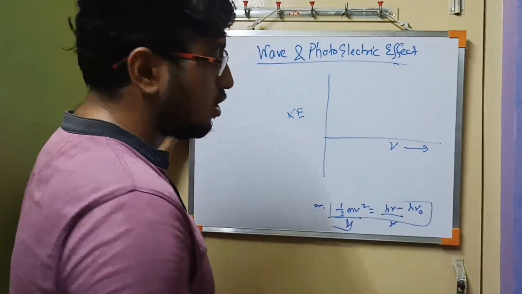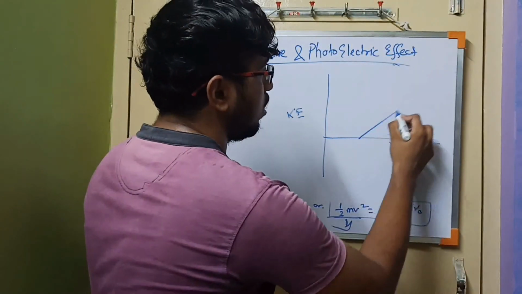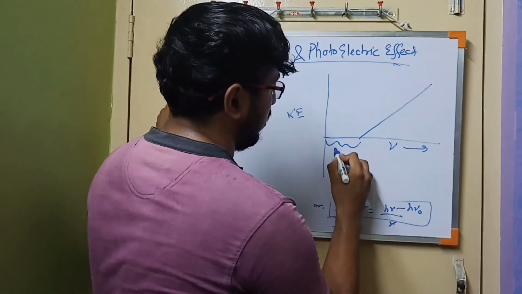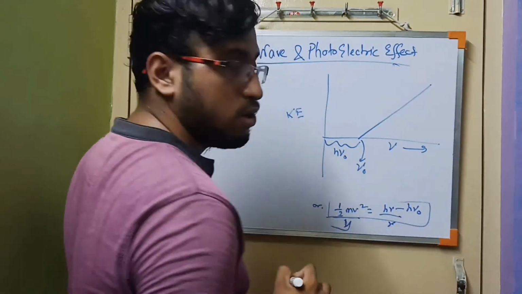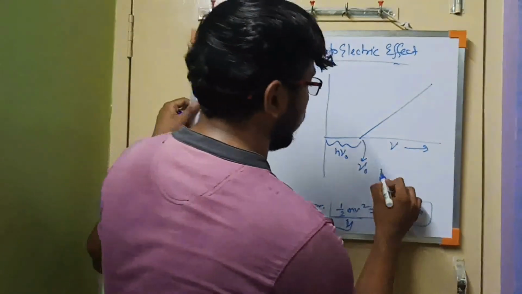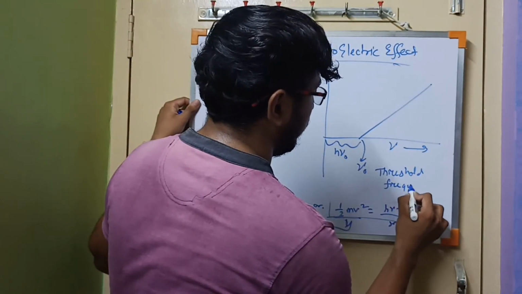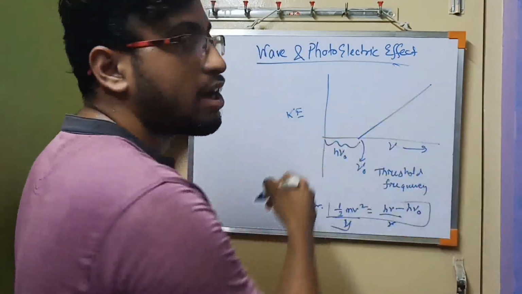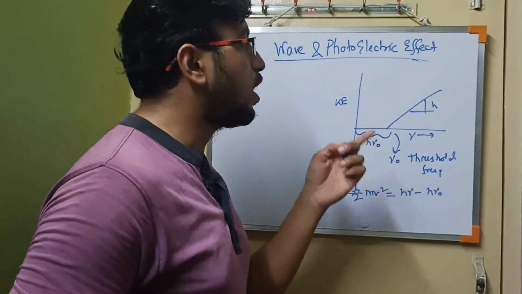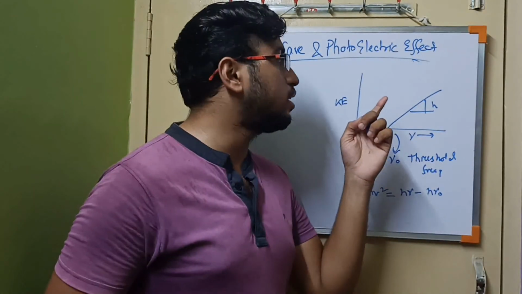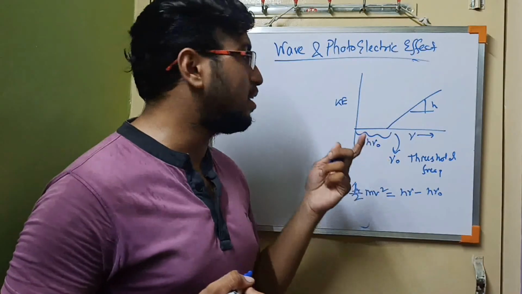Here the intercept has a negative value, so the intercept will be on the x-axis. This is the value of h nu naught, and that particular frequency is nu naught. That means this is the threshold frequency. And here the slope is h. So as the slope is the value of h, or Planck's constant, we can calculate various kinds of mathematics by this formula.